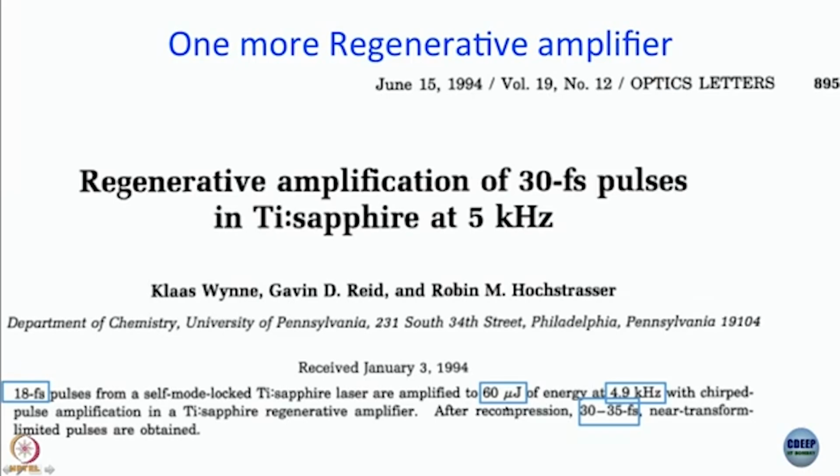So, amplification is not so much, right, of energy at 4.9 kilohertz. So, the laser they used to pump the regen had a repetition rate of 4.9 kilohertz. With chirped pulse amplification in a Ti-sapphire regenerative system, after compression 30 to 35 femtosecond near transform limited pulses are obtained. So, once again you see, you start with 18 femtosecond seed, you end up with 30-35 femtosecond amplified pulses.